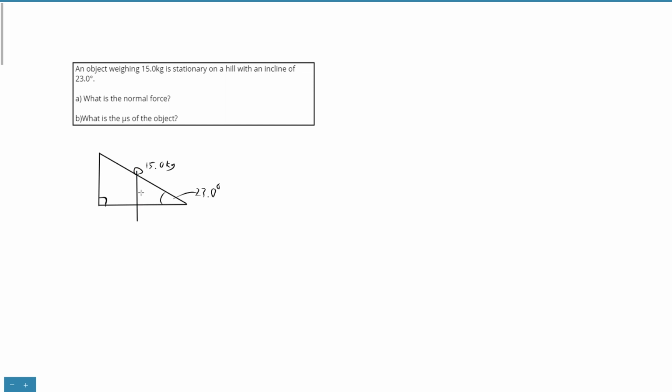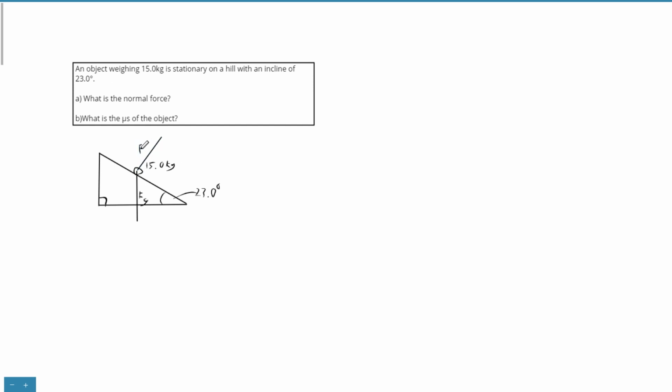Let's call that Fg. It's the weight of the object. And then we have the normal force, Fn, which is perpendicular to the incline.